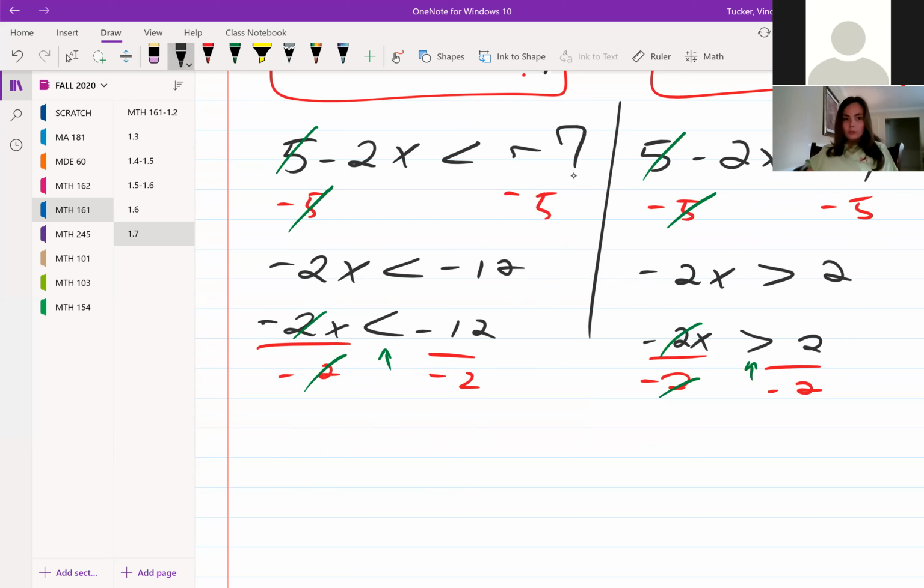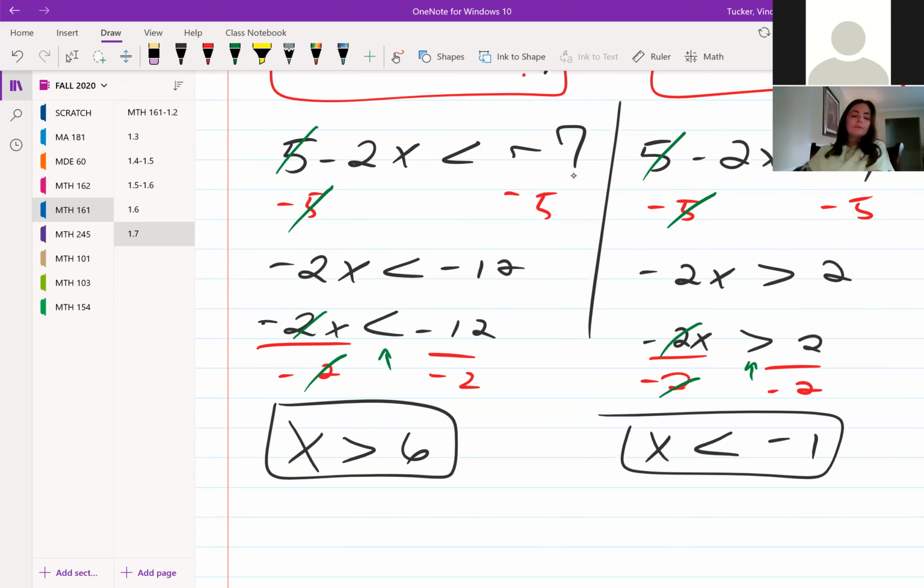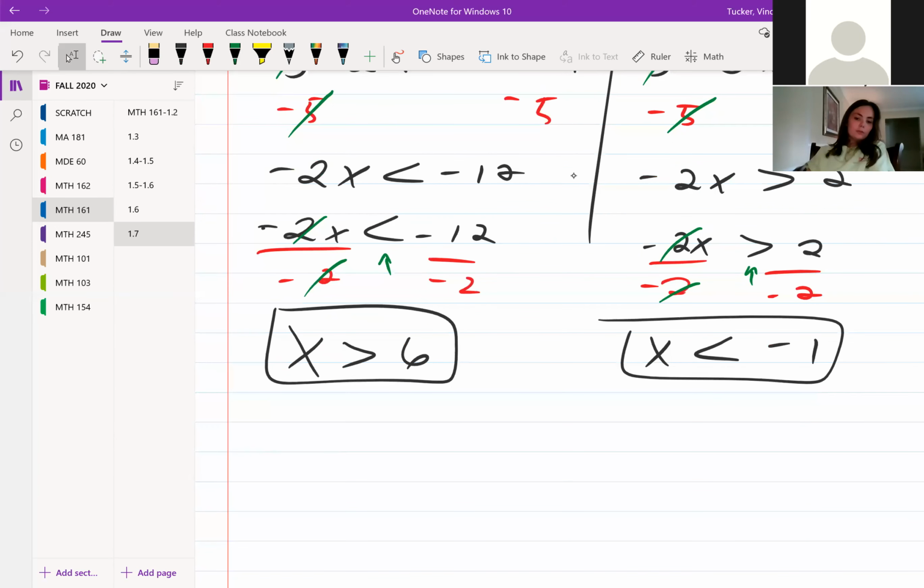So on the left, I have x is greater than 6. And then on the right, x is less than negative 1. So both of those are part of your solution set. And really there's an or in between there.